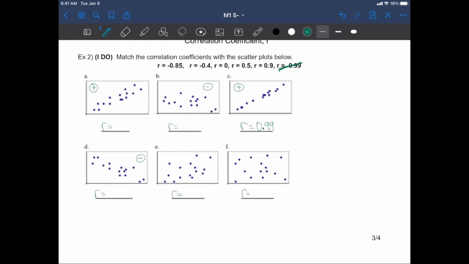The next strongest would be R is a positive 0.9. So I'm looking for a less strong positive one than this one, but more strong than something else. So the only thing I see is graph A. So graph A is going to have this correlation coefficient here.